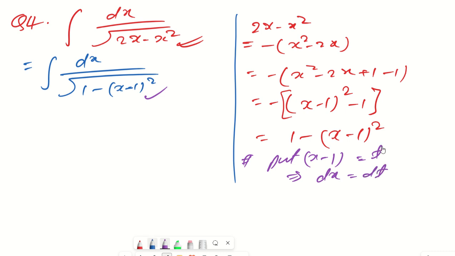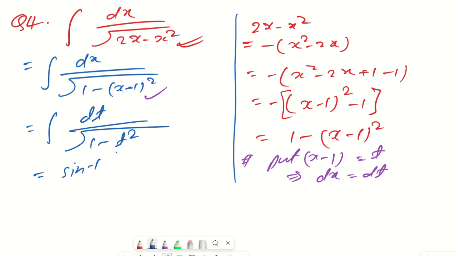So can we replace this here? After replacing this, we are going to get dt by square root of 1 minus, this is x minus 1 whole square, so that is going to be t square. And we know very easily that integration of 1 by root of 1 minus t square is nothing but sine inverse t. So I can write it down as sine inverse of t plus some constant c.